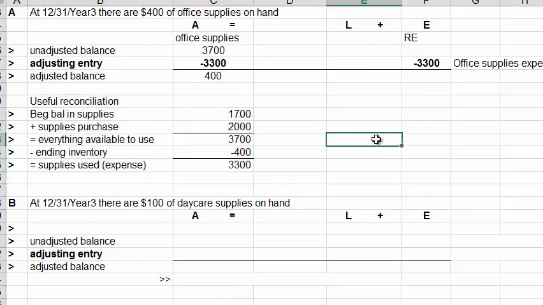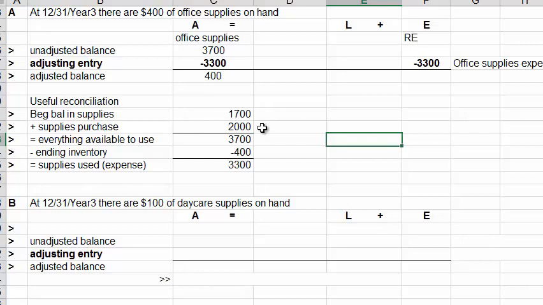Here's a useful way to think about supplies. If a company has supplies on hand at the beginning of the year, we'll call that the beginning balance in supplies. These are supplies sitting on the shelf on January 1st, year 3 for Sample Daycare.